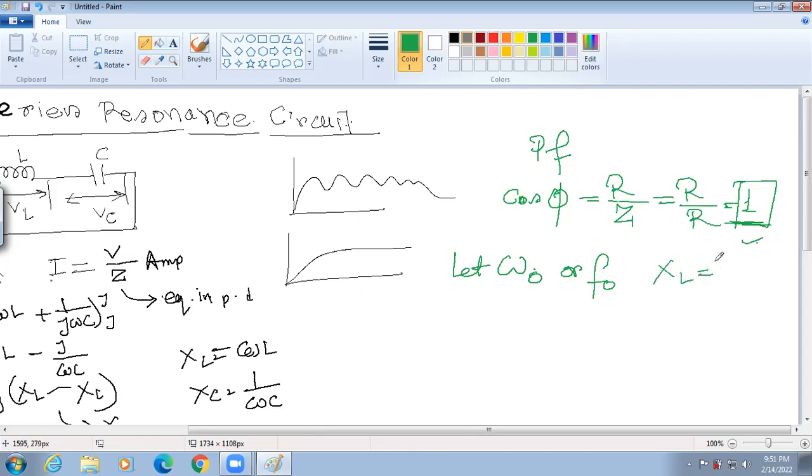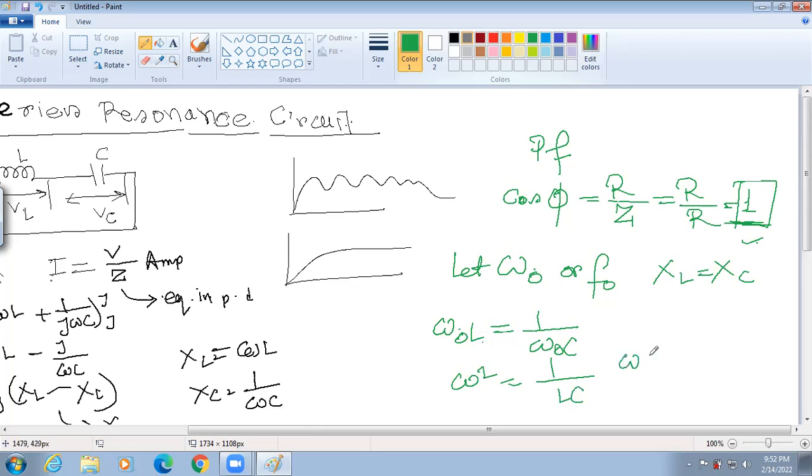Here XL equals XC, so omega L equals 1 by omega C, or you can write omega squared equals 1 by LC.